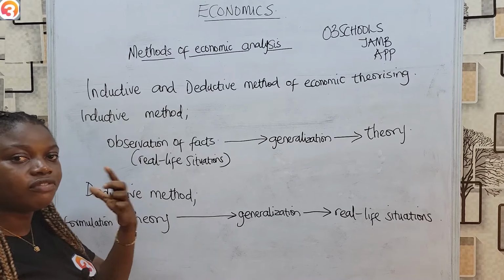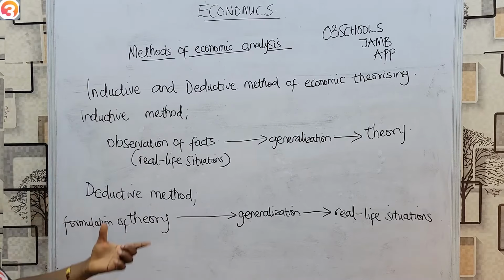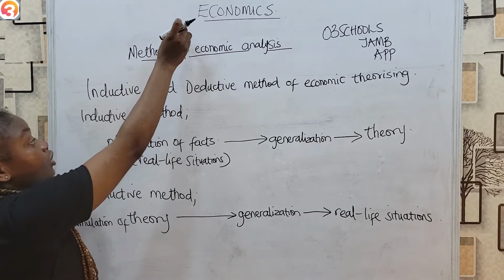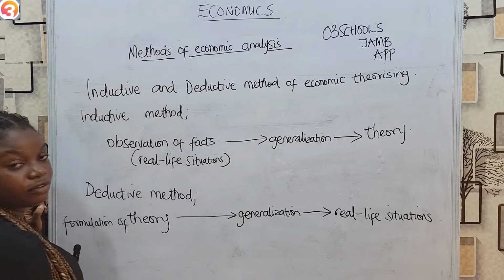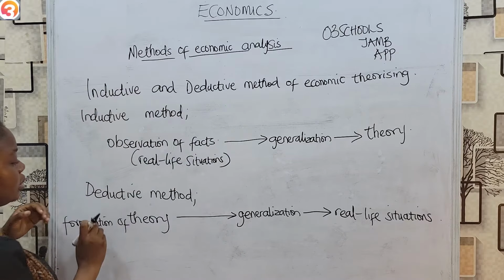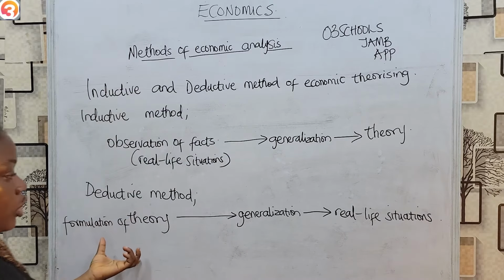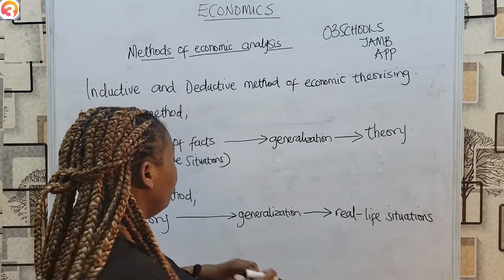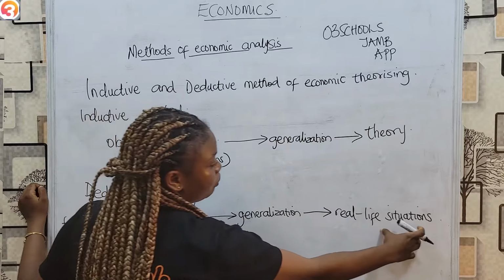That means it takes a very opposite form. If inductive is starting from the bottom, deductive is starting from the top. The deductive method starts with a formulation of theory before we generalize, and then we finally equate it to our real life situations.